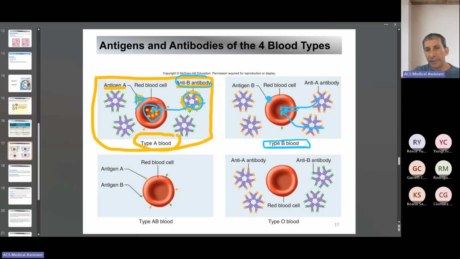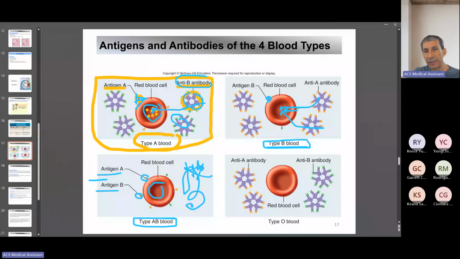Think about AB. This is type AB blood. It's going to have antigen A on the surface of the cell and antigen B on the surface of the cell. Because I have A and B, nothing is inside. You don't see anything. So nothing inside, this is completely empty. No antibodies.